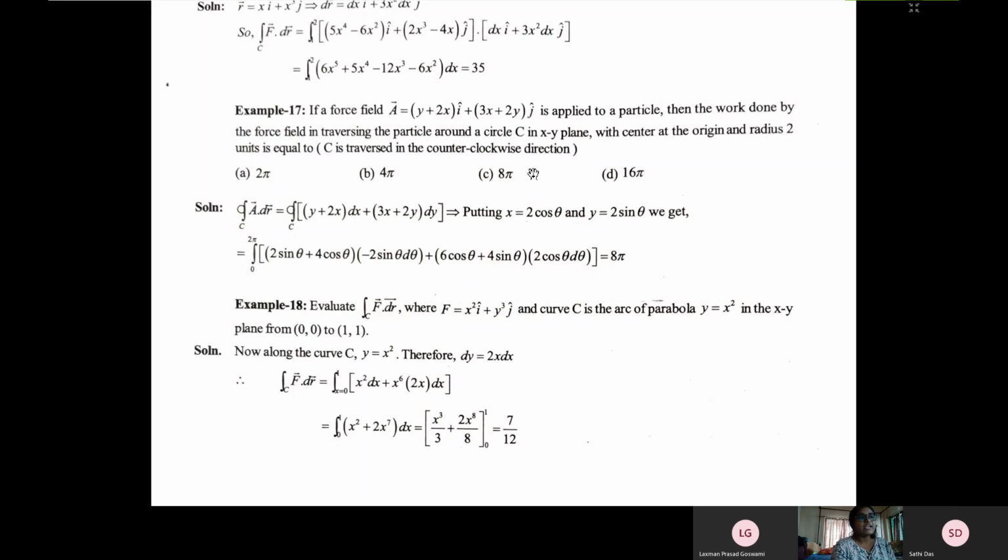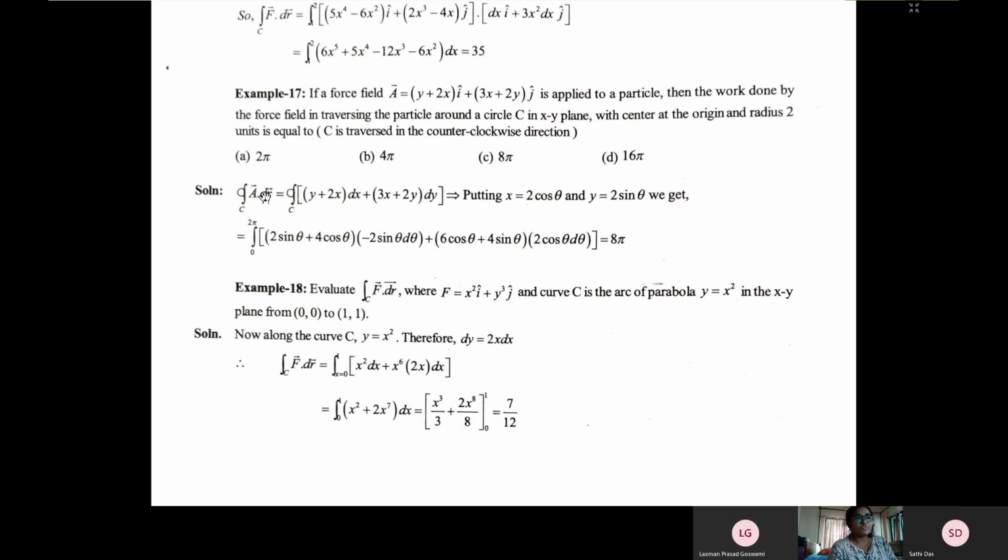So here you are given the force field and the question is asking what will be the work done by this force field for traversing a particle around a circle in the xy plane. Whenever they tell you to find the work done, you have to find the closed integral over C of A dot dr.